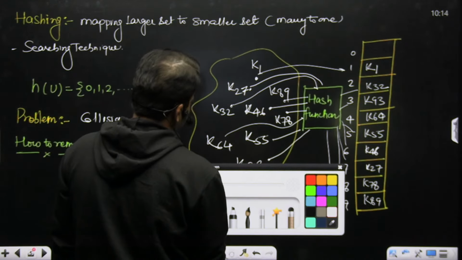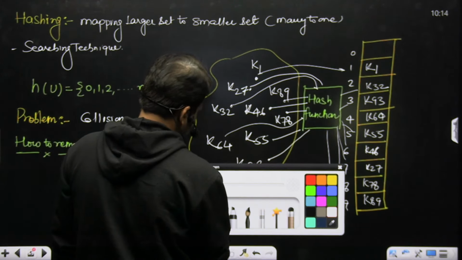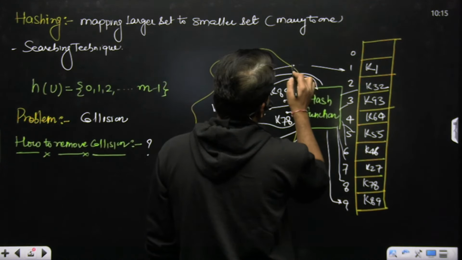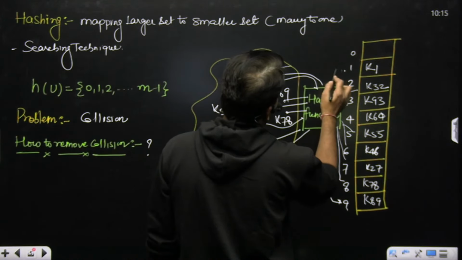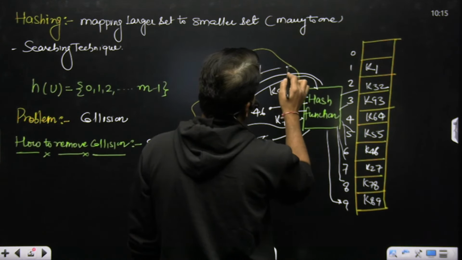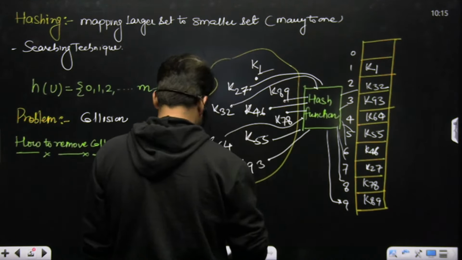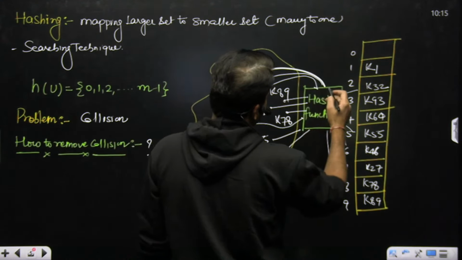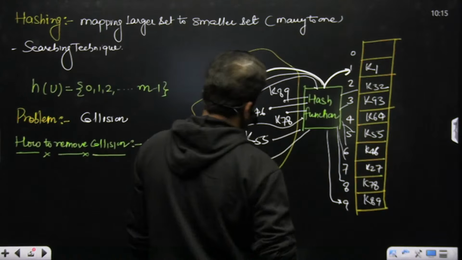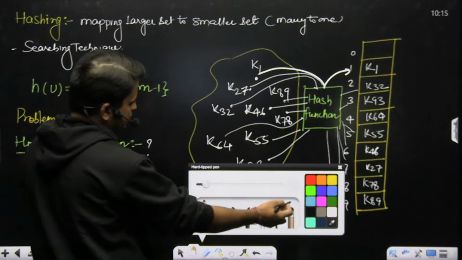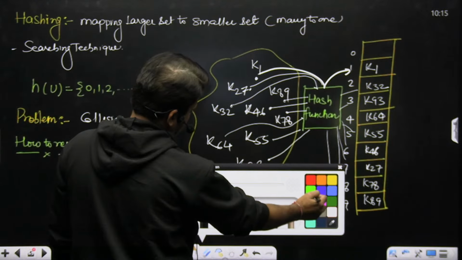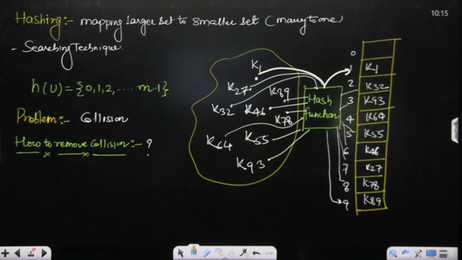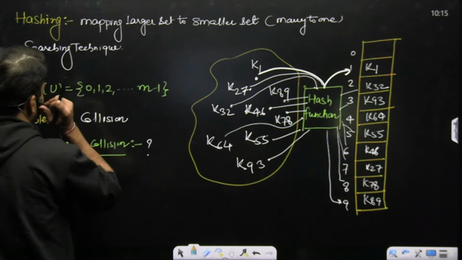Mapping a larger set to a smaller set is many to one.